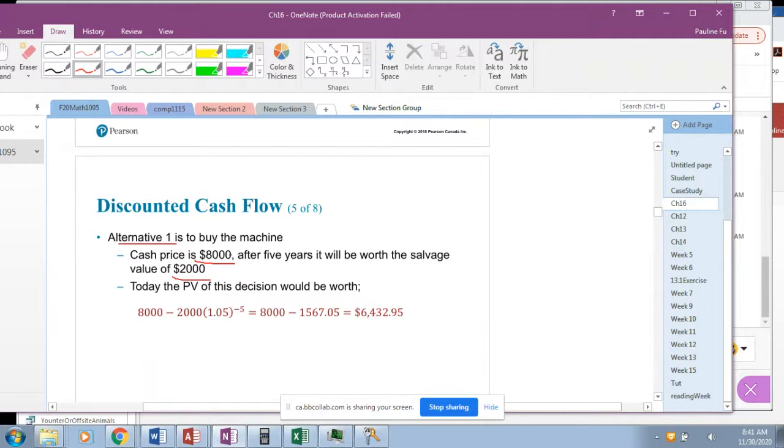Based on these two numbers, you calculate the present value. To calculate this, 2,000 is FV. You have to calculate the present value of the 2,000, and then you subtract this from 8,000.